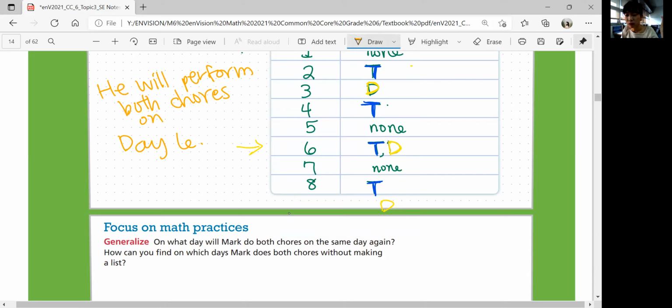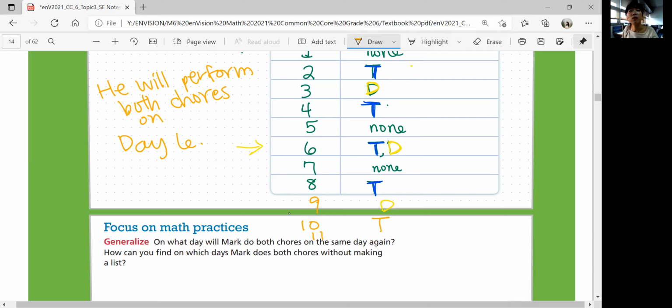Okay. And then keep going until you hit another day. Okay. Day 9, he will do the dishes. Day 10, nothing. Wait, day 10, he still needs to do the table, right?